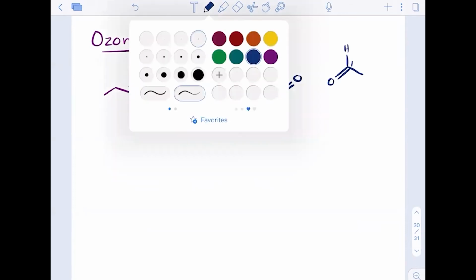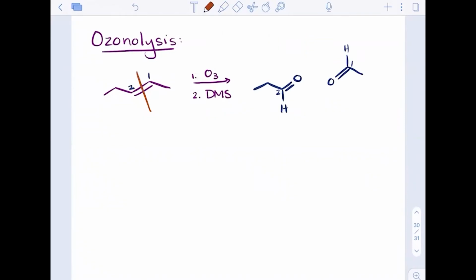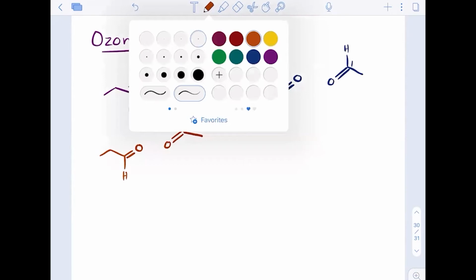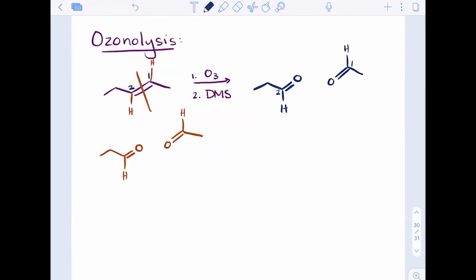A good rule of thumb for this reaction is you split the carbon-carbon double bond and you will put on one side an oxygen and the other side an oxygen. I like to put in the hydrogens for these aldehydes just to be able to see they were there to begin with, but we usually just don't draw them in. You don't have to draw them in, they're just there for fun to make sure that you can visualize all of the octet of those carbons.